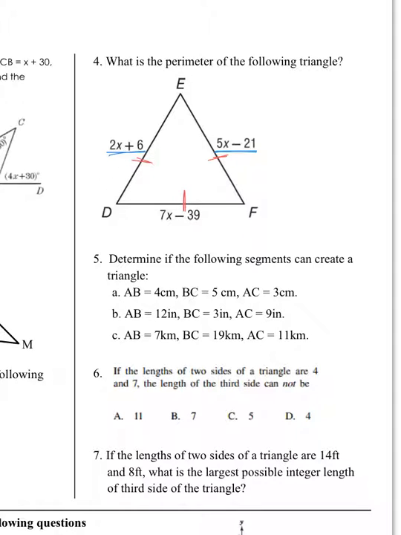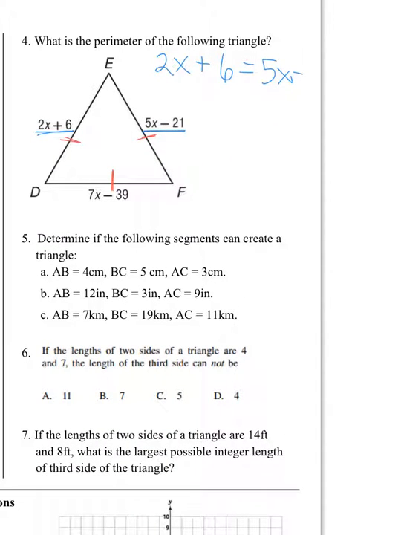So I'm going to stick with the left and the right. That's just simple for me. 2x plus 6 equals 5x minus 21. Okay, so get rid of the small x. That's what I like to do.